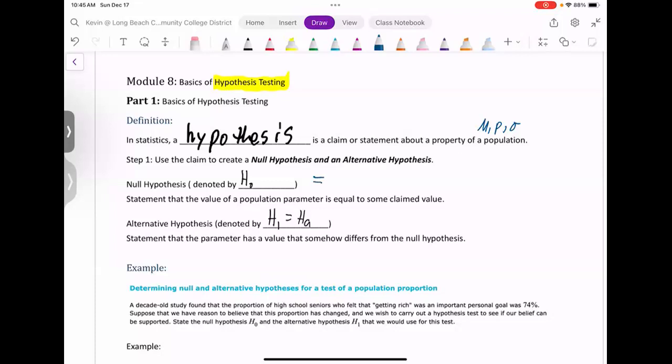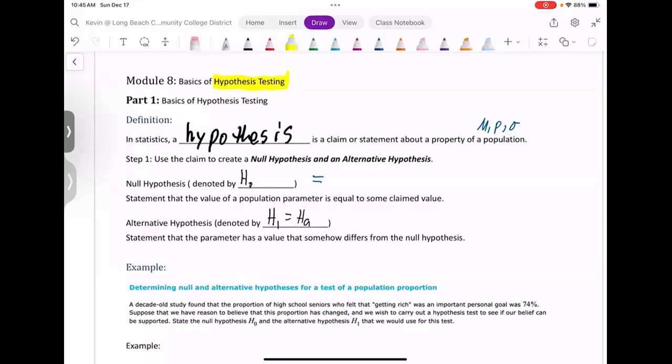And with our alternative hypothesis, we're going to have something that differs from the null hypothesis. So for that one, that's going to be not equal to, or less than, or greater than. Those are going to be our three main options as we are moving forward with our hypotheses.